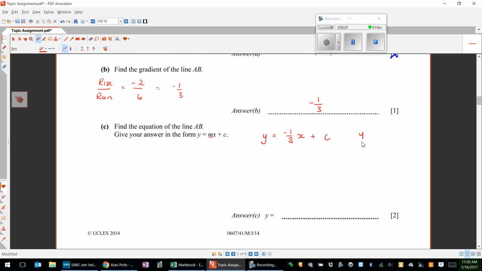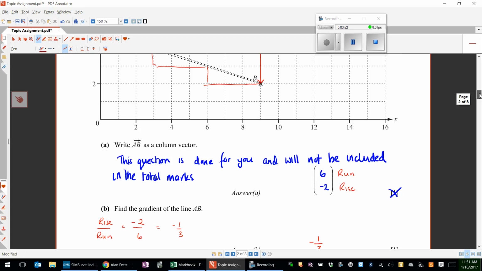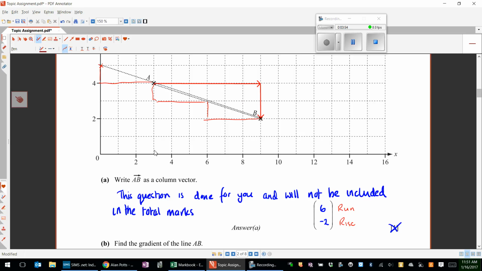That is perfectly acceptable. You get 1 mark for stating the gradient of minus 1/3, and 1 mark for doing the plus 5. Now, just to go through it, if we didn't use that method, I know, for instance, that there are 2 points at 3, 4 and 9, 2.